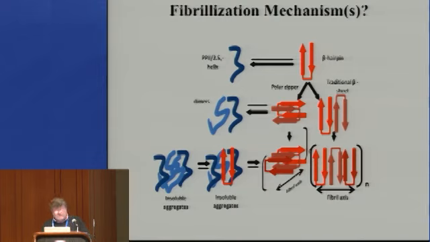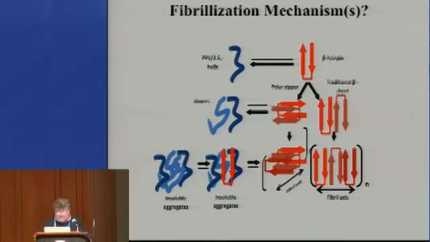For most proteins that aggregate, you have hydrogen bonding of the peptide backbone, and that gives you a beta-state-like structure. But in polyglutamine, you have an additional side chain that is happy to hydrogen bond. And this complicates the issue.